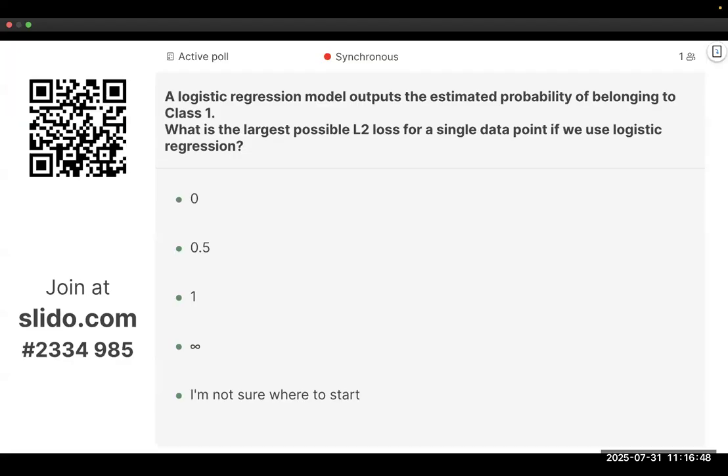So suppose we have a logistic regression model, and again, it outputs the estimated probability of belonging to class 1. So what is the largest possible L2 loss for a single data point in logistic regression? What is the biggest L2 loss for just a single data point? What do we think?